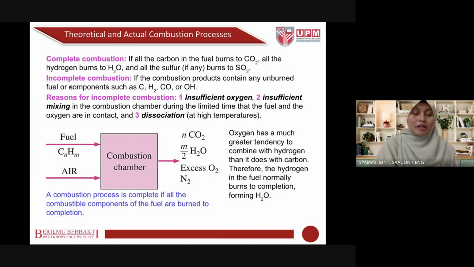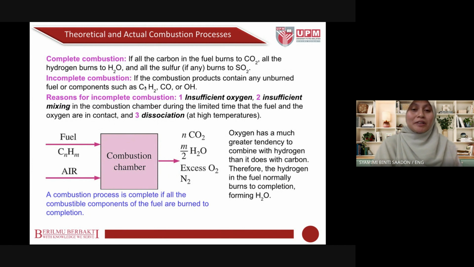Otherwise, it is incomplete combustion if the combustion products contain any unburned fuel or components such as carbon, hydrogen, carbon monoxide, or OH, oxygen and hydrogen.